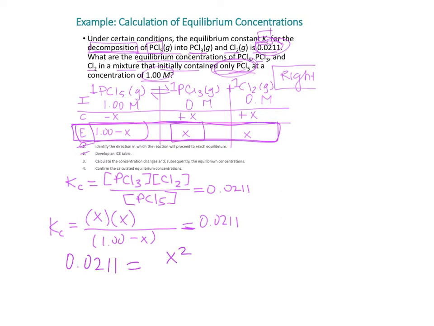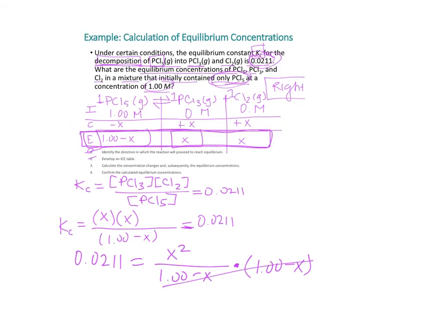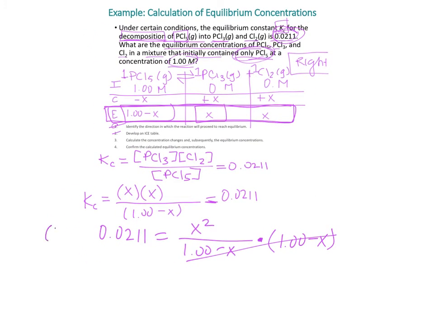X times X is X squared, over 1.00 minus X. Now we can try to isolate that X. So first we are going to have to multiply both sides. So I'm multiplying by 1.00 minus X there. And I'm also going to multiply it on the other side. So 1 minus X, multiply on that side too.